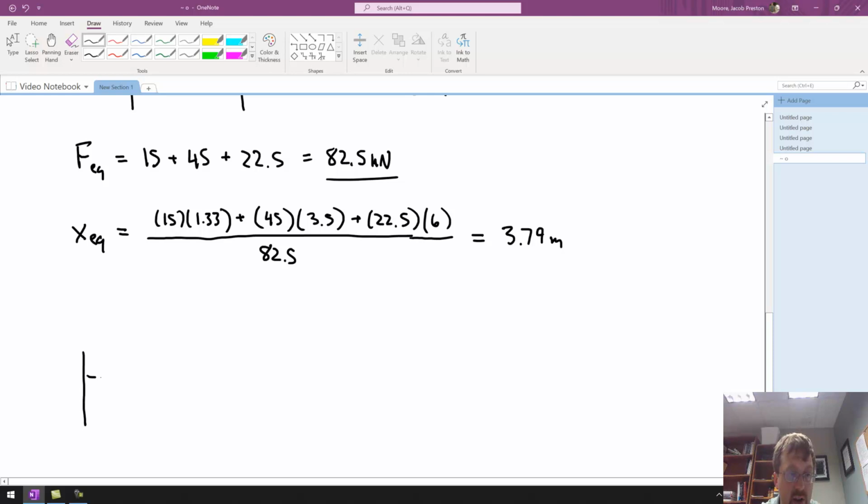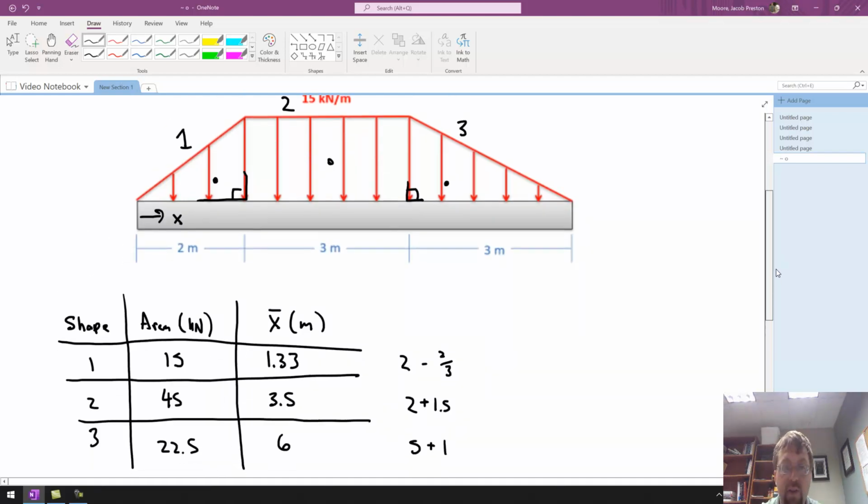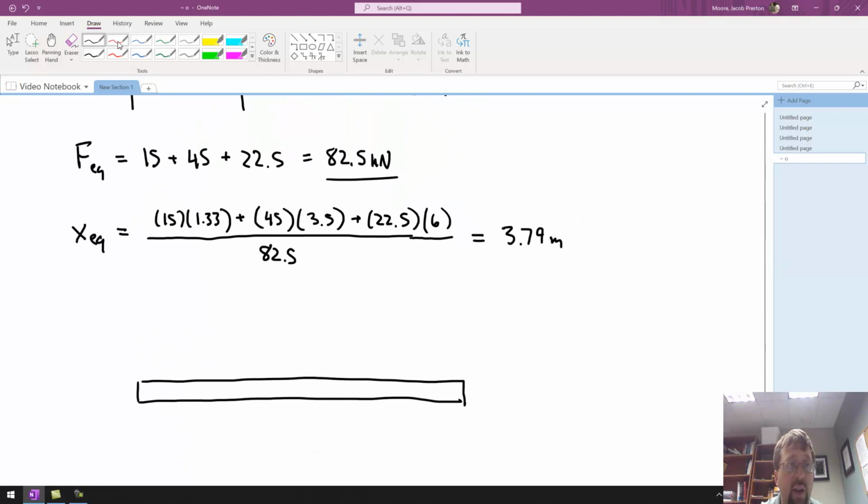So what does all this mean? If I had a beam like so, and it's the same as the one above, the single point force that is statically equivalent to the distributed force above would have a magnitude of 82.5 kilonewtons, and it would be 3.79 meters from 0, which in this case I've defined as the left-hand side.